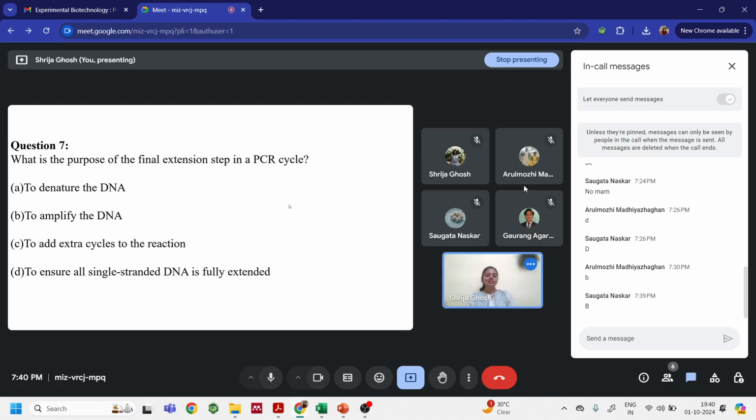Think about it and answer something so that you will understand. At least in this way you will be able to think about the question. So, anybody?